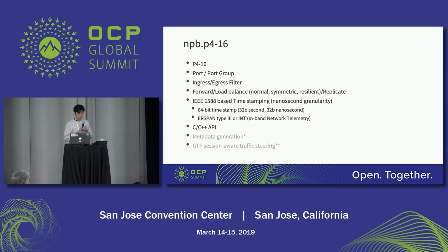It also supports load balancing, for example, normal hashing, symmetric hashing and resilient hashing, and it also supports the replicate action. Further, this package supports the 1588 based timestamping, as I mentioned. It supports a 64-bit UTC timestamp on every packet, and this timestamp is stamped on the ERSPAN Type 3 header or the INT header.